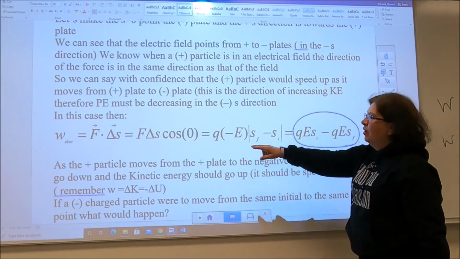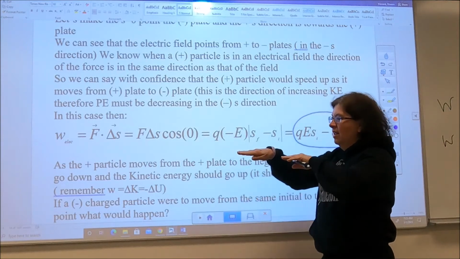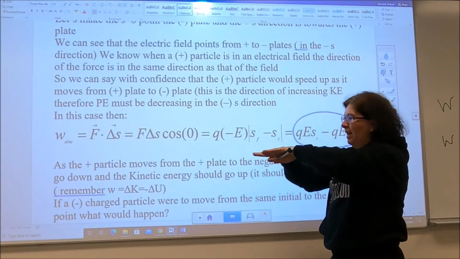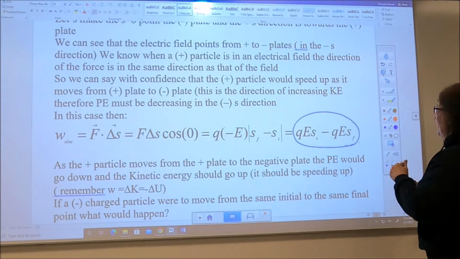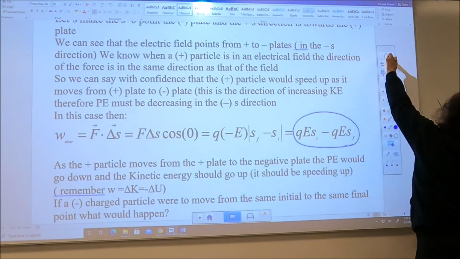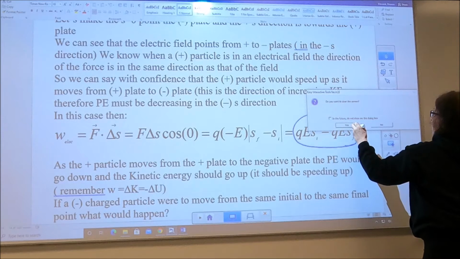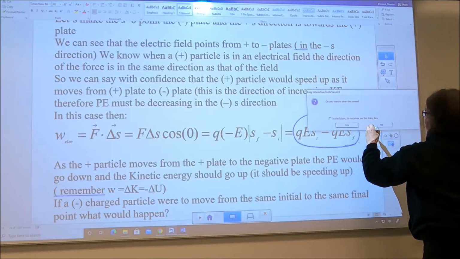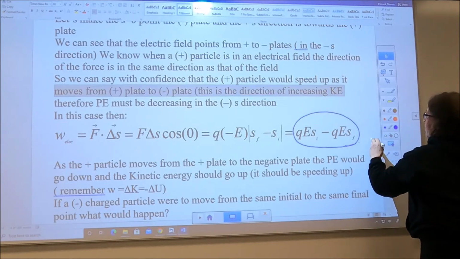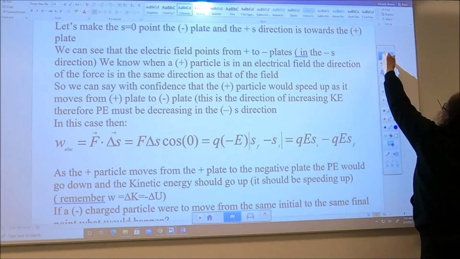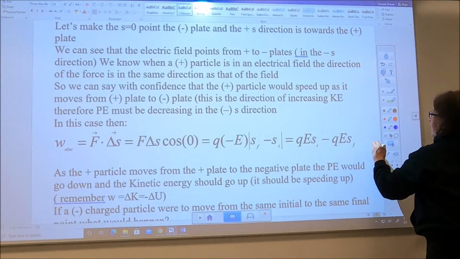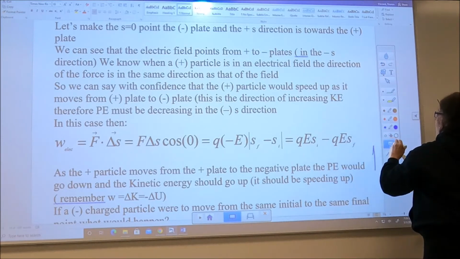Now, we're taking the cosine of 0 because delta S and F were pointing in the same direction. Okay, in our picture up here. Oh, I need to erase that.